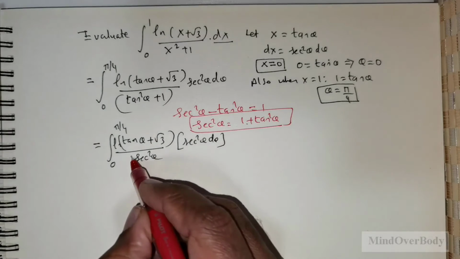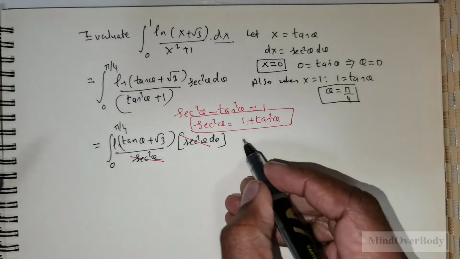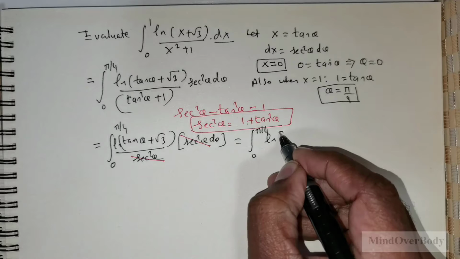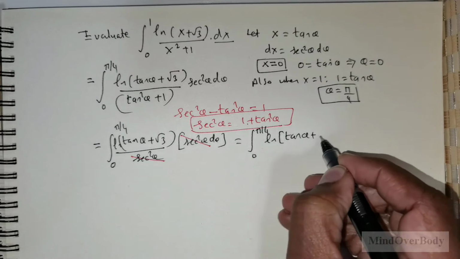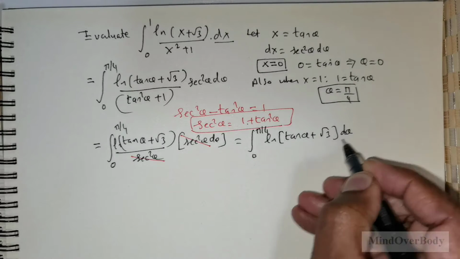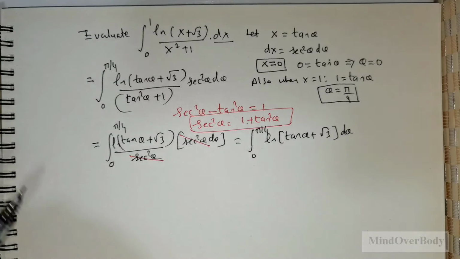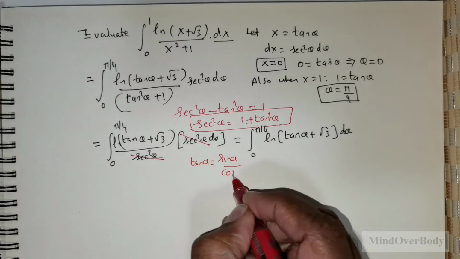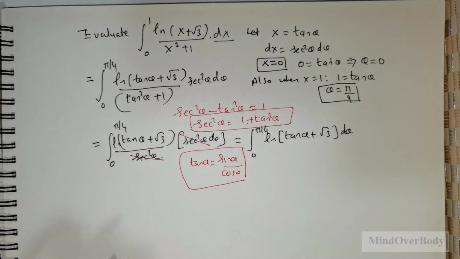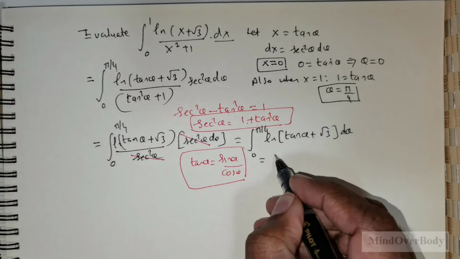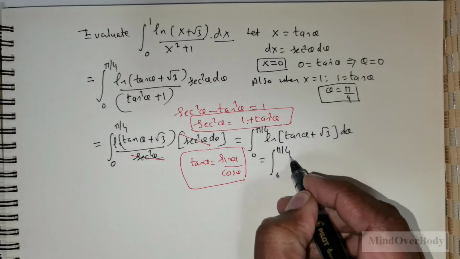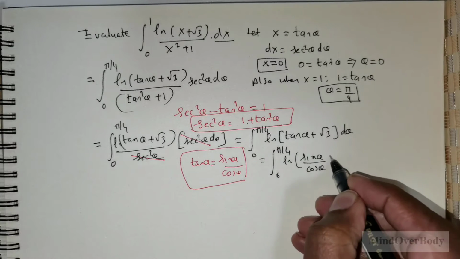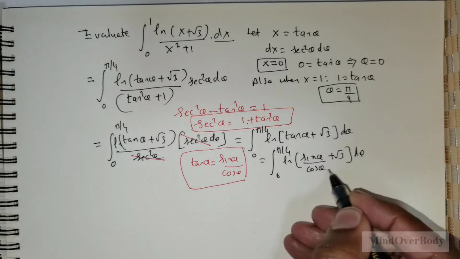Now clearly secant squared theta can be cancelled, giving me the integral from 0 to pi over 4 of ln of (tan theta plus root 3) times d theta. Now I know that tan theta is equal to sin theta divided by cos theta. So because of that, this is equal to the integral from 0 to pi over 4 of ln of (sin theta divided by cos theta plus root 3) times d theta.